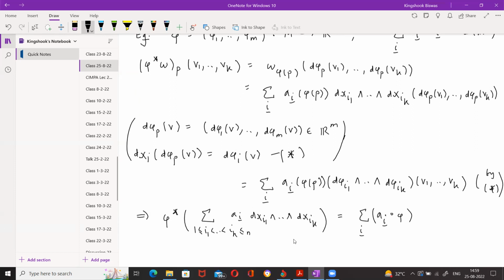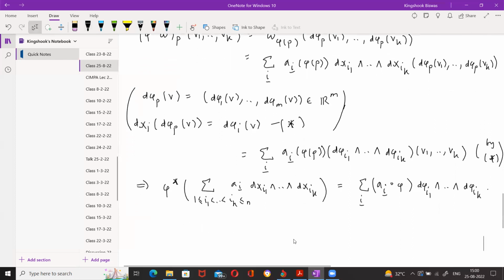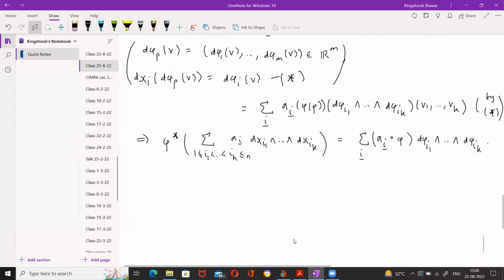Okay, so this is a function on M, right? Into d phi I1 wedge d phi Ik. Okay. Is this clear? Yes.